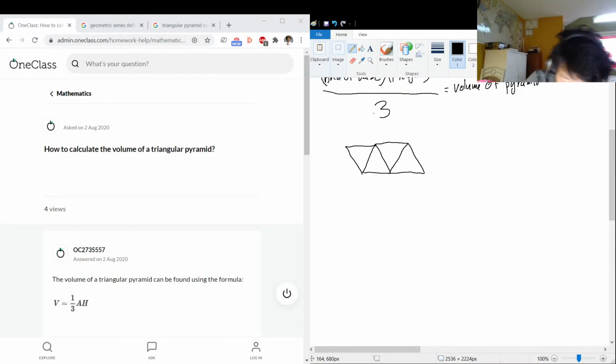Yeah. Okay, so let's call this our base. All these triangles are the same. So let's say they're all equilateral triangles.